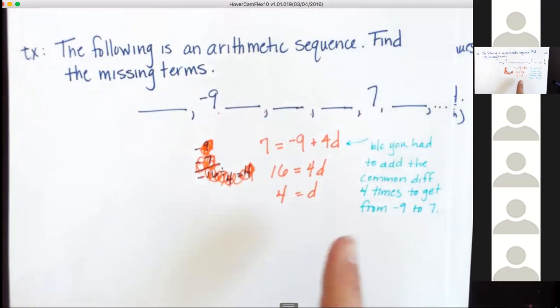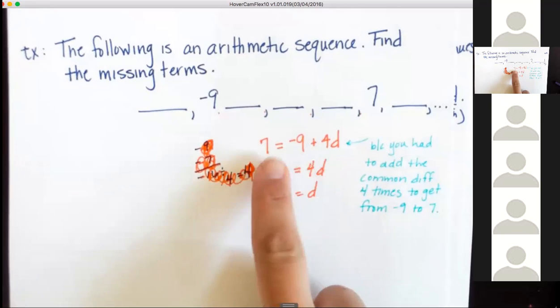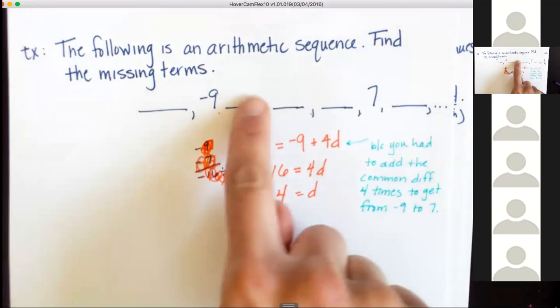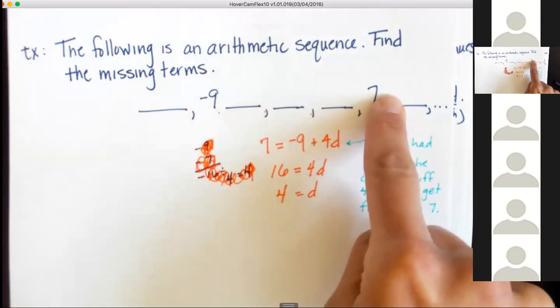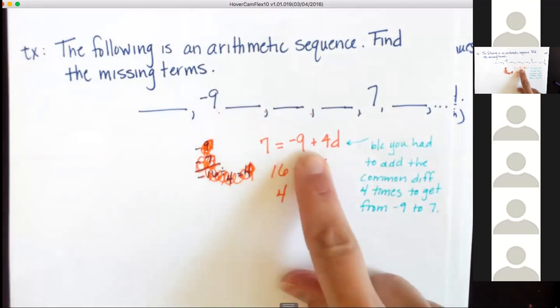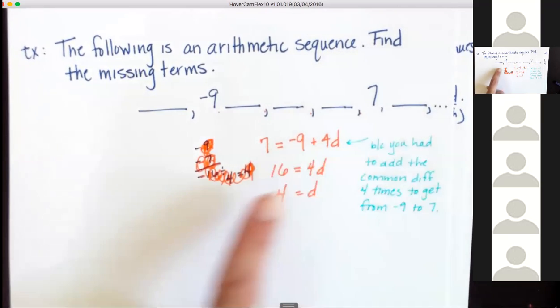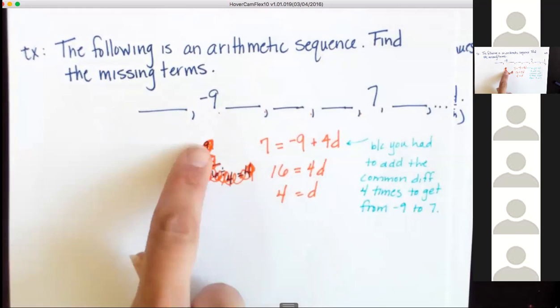So notice what the step-by-step process told me to do. It said, here's that term that was at the end of this sequence. Here's where we started. And I knew that I had to account for that common difference 4 times. Well, that's pretty much what I did right here.